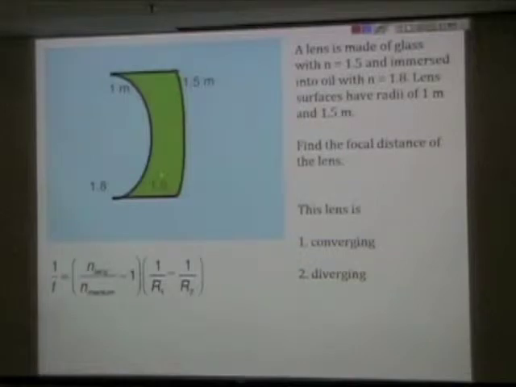The index of refraction of this material is 1.5, some kind of glass. However, it's immersed into some kind of liquid with a higher index of refraction. Of course, with all the numbers, we actually can calculate the focal distance, but my question is, just tell me, is it a convergent lens or a divergent lens?